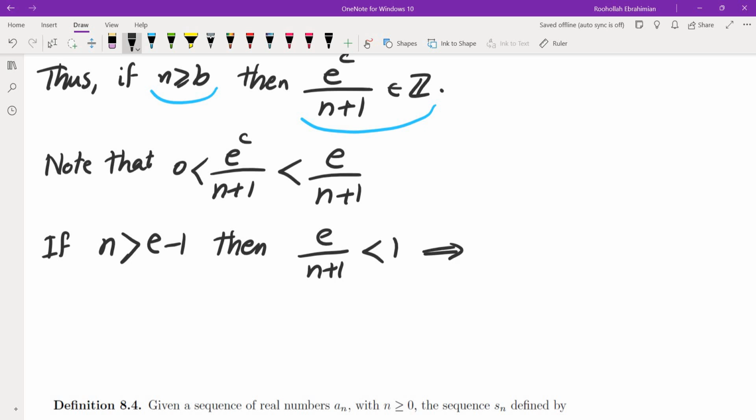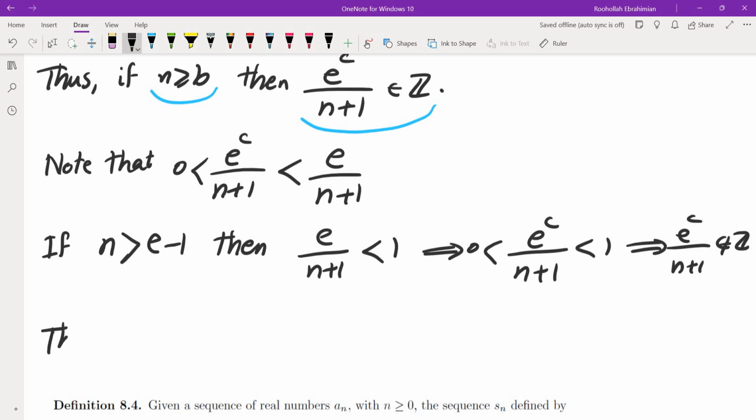And that means e to the c over n plus 1 is going to be between 0 and 1. So that means e to the c over n plus 1 cannot be an integer. And this is a contradiction. Therefore, e must be irrational because we assumed e is rational and we obtained a contradiction.